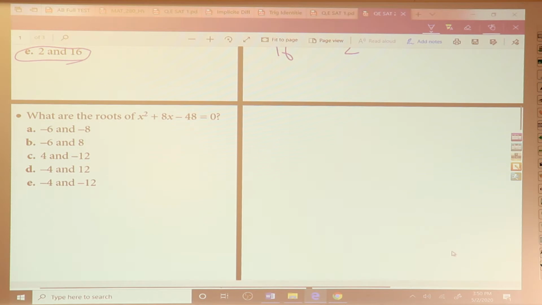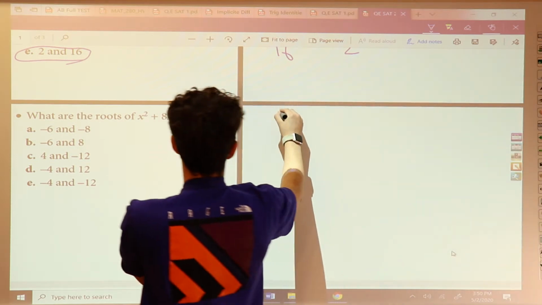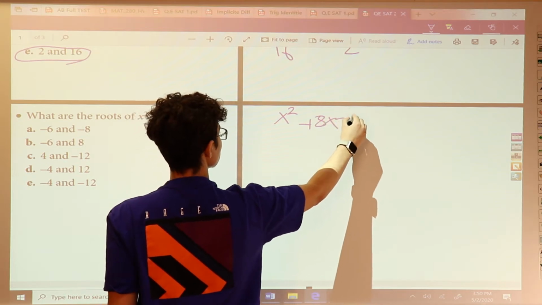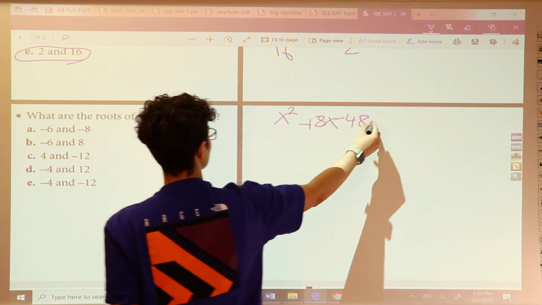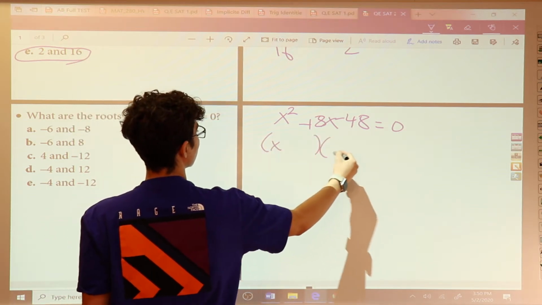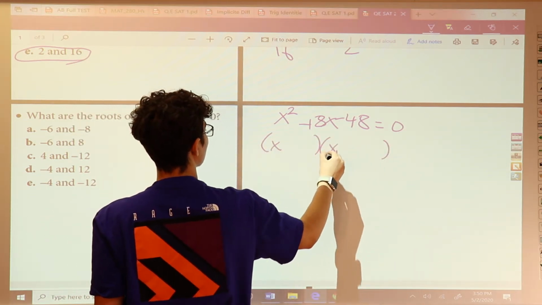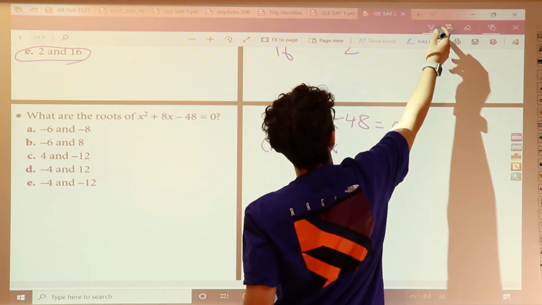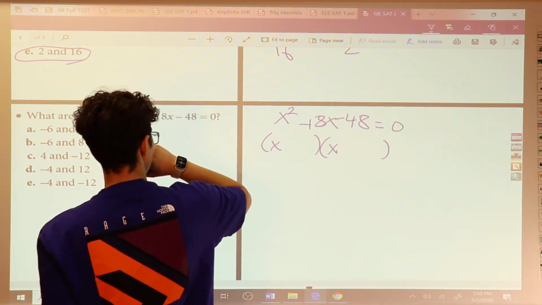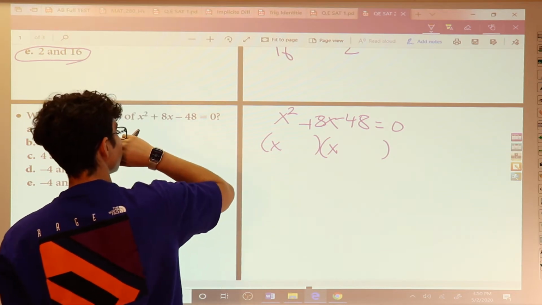Yeah, go ahead. Let them see what you do. Okay. Use a different color after that. Two numbers multiplied to negative 48, add up to 8.